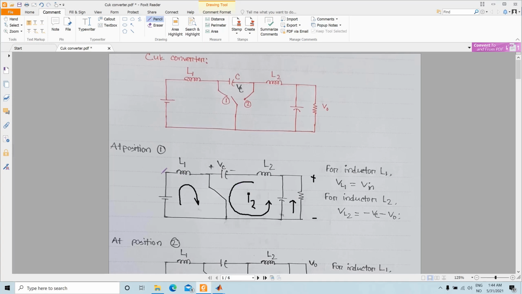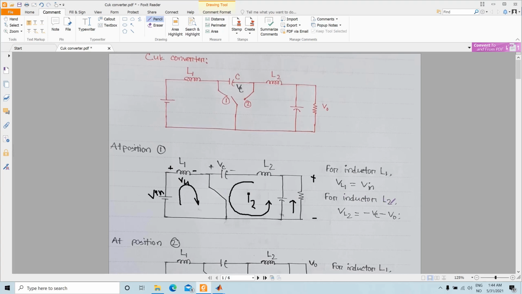This is the condition when the switch is connected to position number 1, and at that time VL1, the voltage across inductor L1, is equal to Vin.